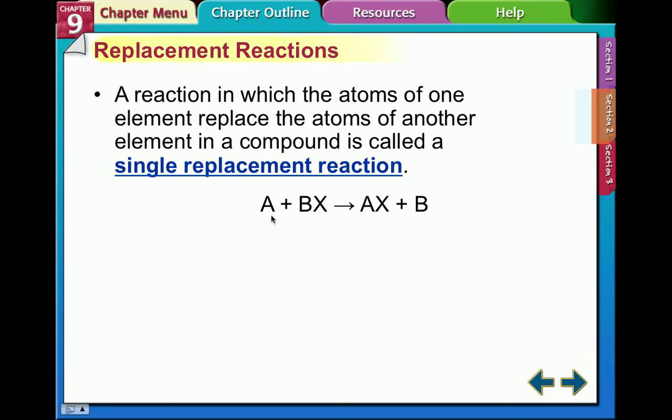So you can see how we have A plus BX produces or yields AX plus B. Being a replacement, you can see where A and B have just switched places. We now have AX instead of BX. So one element switches places.